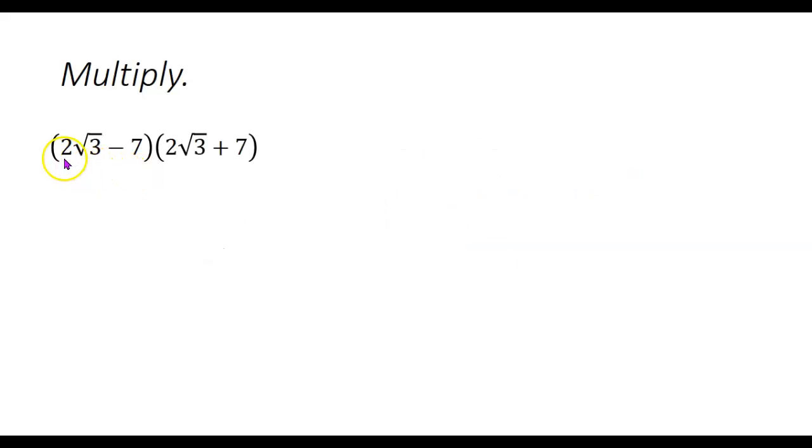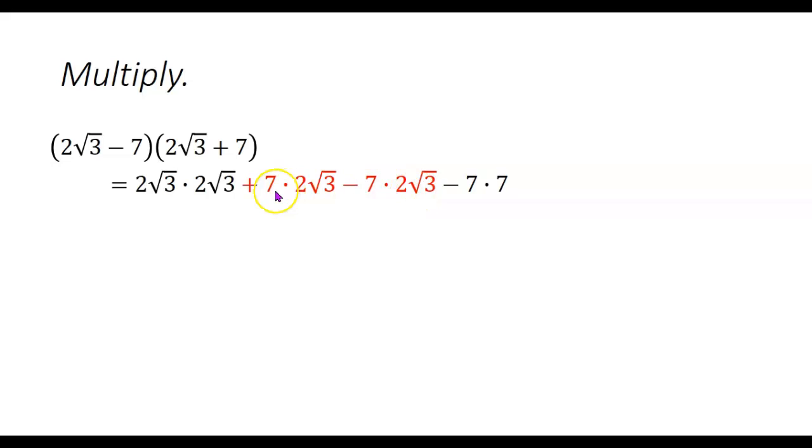Next example, 2 root 3 minus 7 times 2 root 3 plus 7. Notice again, these are the same except one has a minus and one has a plus. So when we multiply it out, we're going to end up with the first thing times itself, the first thing squared, minus the second thing squared, because the middle two terms, the O and the I of FOIL, just add up to 0.